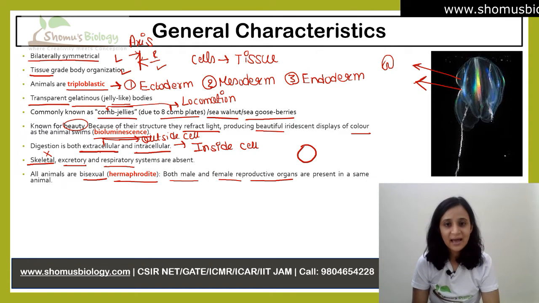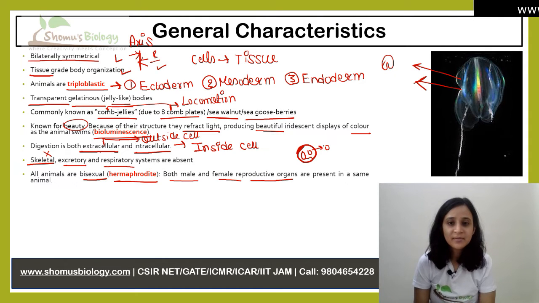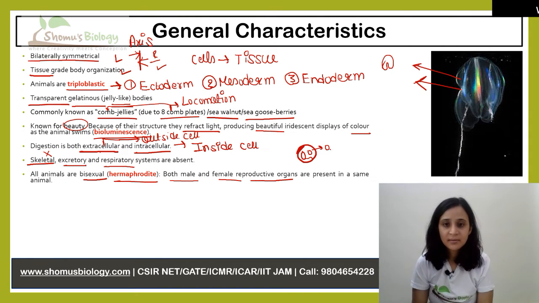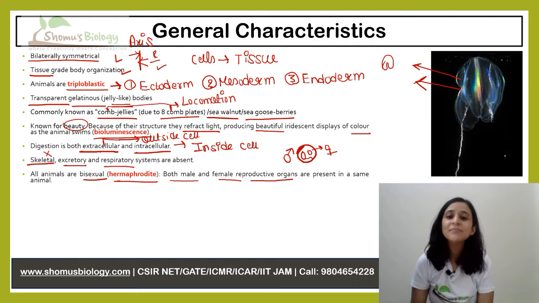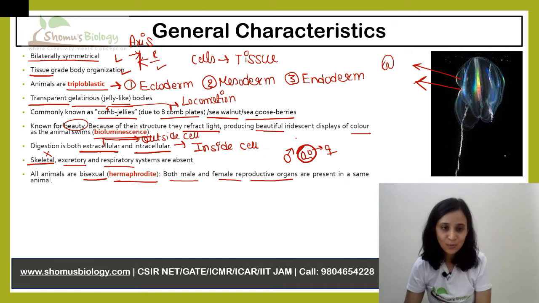So if this is the animal, it has both female organs and male organs. Both male and female organs are present in the same animal. That's why they are known as bisexual or hermaphrodite.